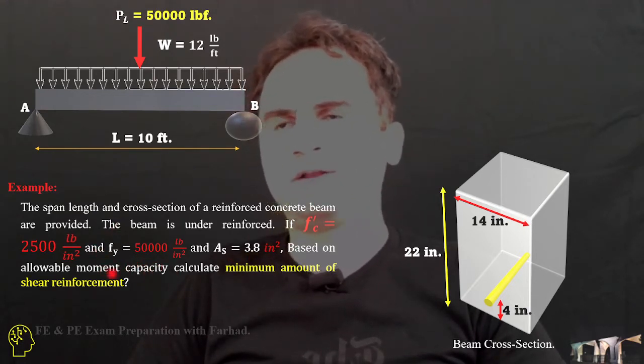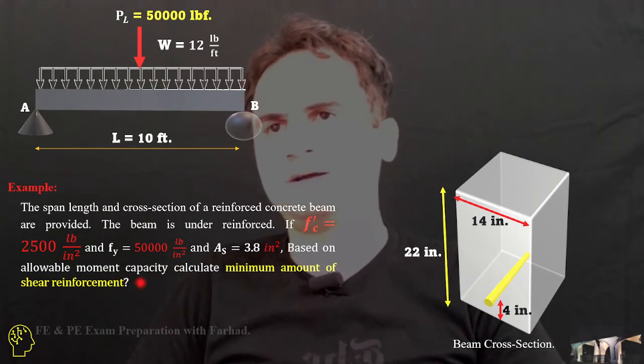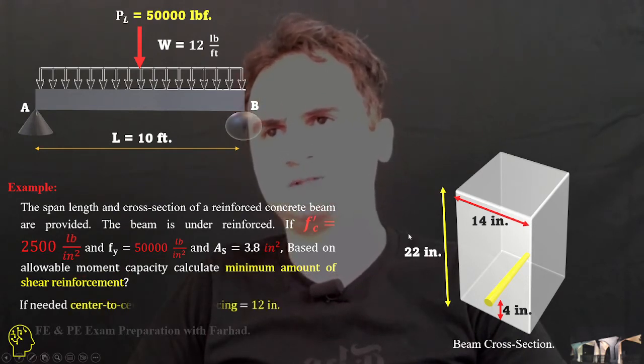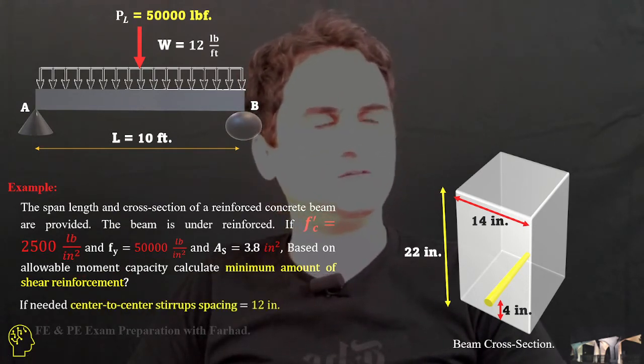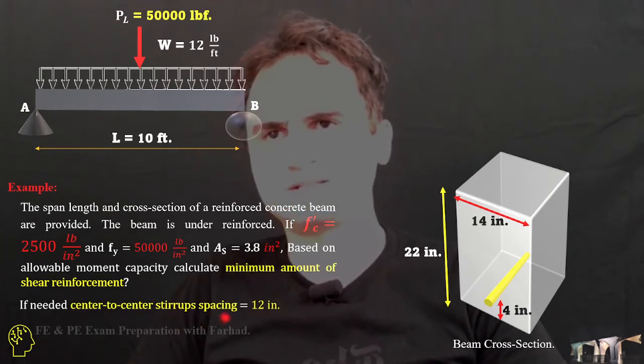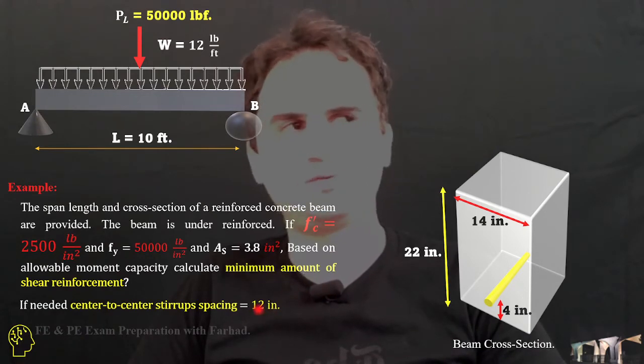Based on a capacity calculation, calculate the minimum amount of shear reinforcement, which is the shear stirrups. If we need them, the center to center spacing of the stirrups is 12 inches apart.